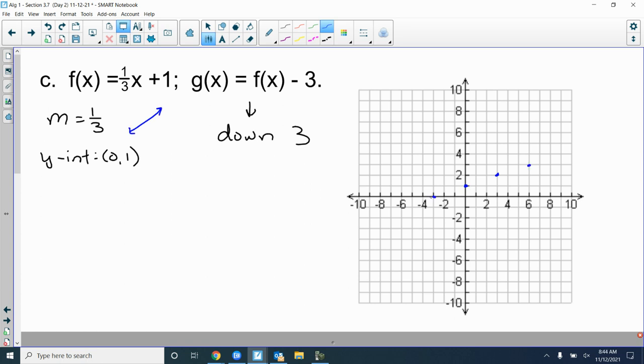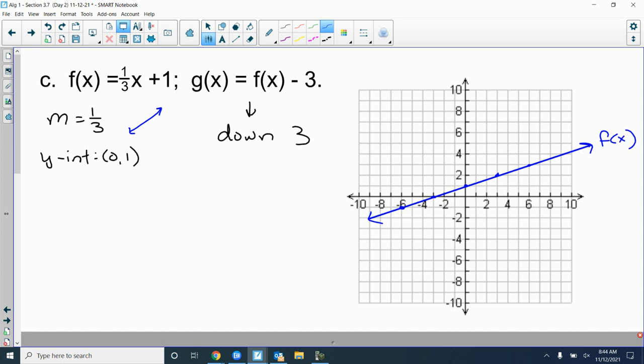I'm going to go down 1 and to the left, and down 1 to the left. And so I'm going to connect those with that line right there. So that's your original function. This is f of x.